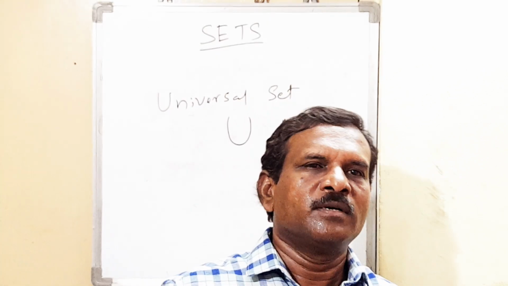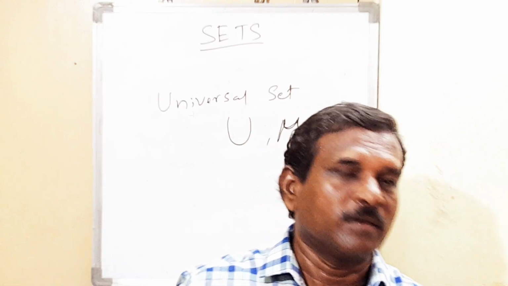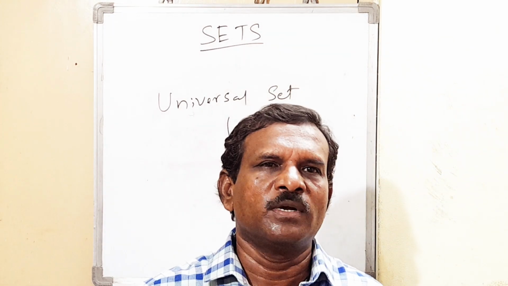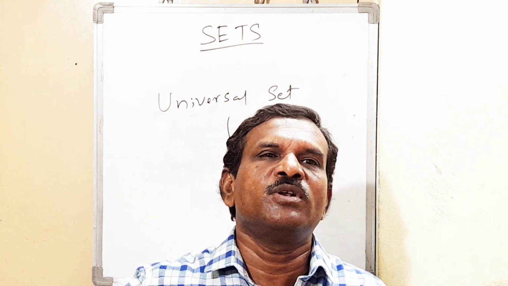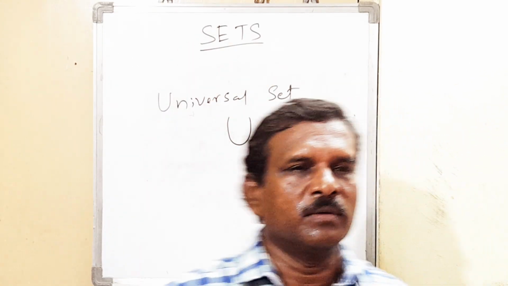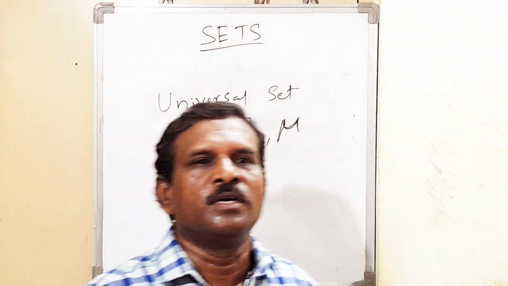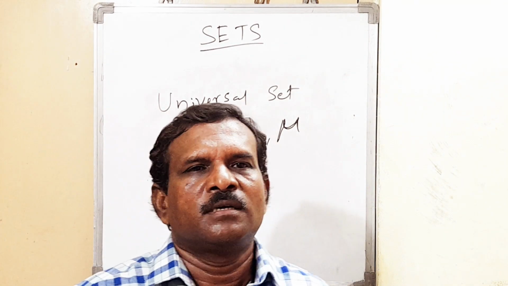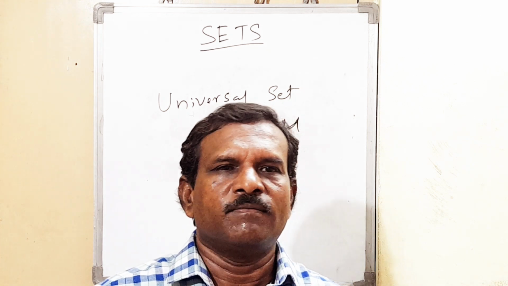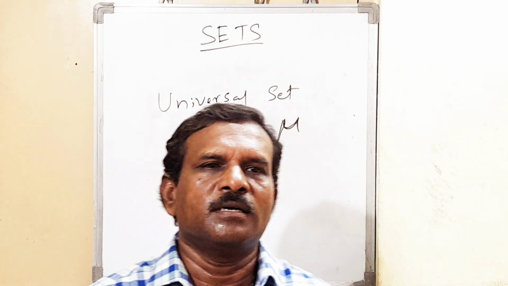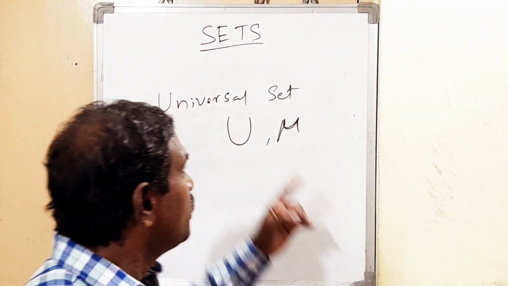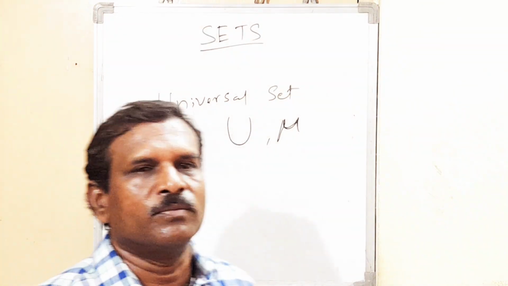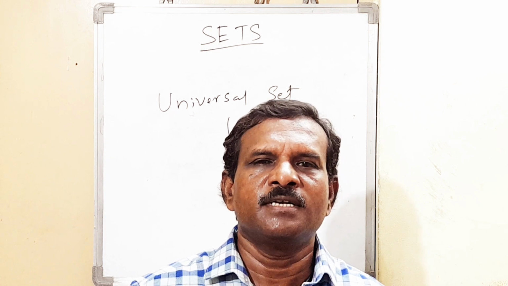Like in that again we can take cricket players, all the cricket players of the school. Like that you are taking all the different sets of a school. For all these sets, the universal set is the whole school. So universal set is a school. It means the set which contains all the elements of all sets related to a particular issue. That's why universal set is denoted by U or mu. That is the universal set.